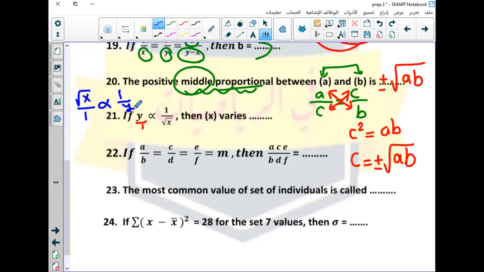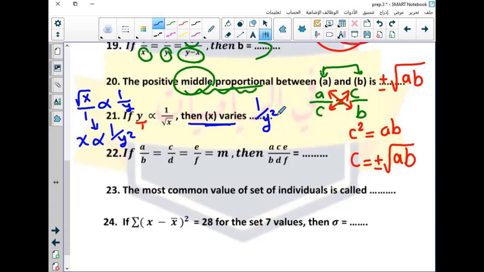By taking the square root of both sides, then x varies with 1 over y power 2. Then the answer of this question is x varies with 1 over y power 2.